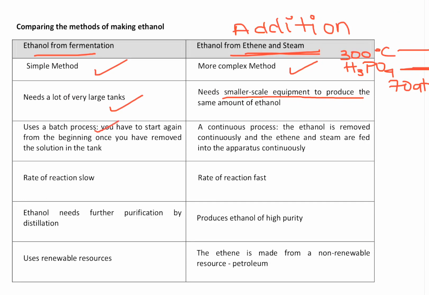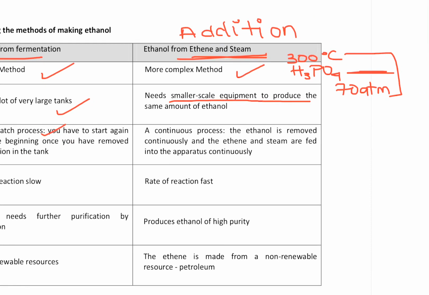Fermentation uses a batch process, so every time you do the reaction, the yeast will die, and you'll have to start all over again. But addition is a continuous process because you provide the same temperature and same pressure. The catalyst is regenerated, and you will still use the same catalyst.